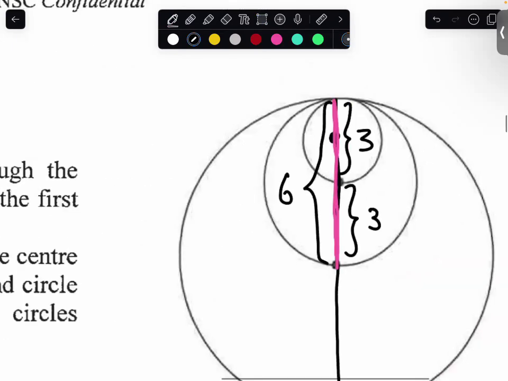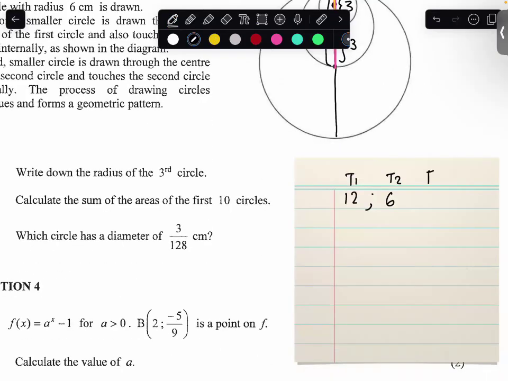And the third diameter is this one, which is 3. Right. Again, you are multiplying by a half the entire time. How did I get that? r is equal to T2 over T1. Again, it's 6 over 12, which gives me a half. So I'm multiplying by a half the entire time, which makes the series a geometric series.